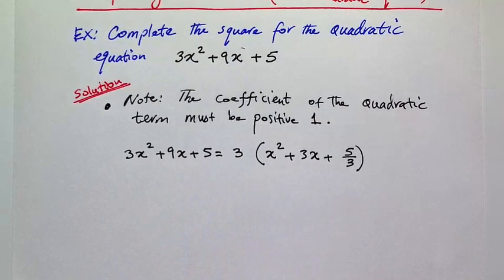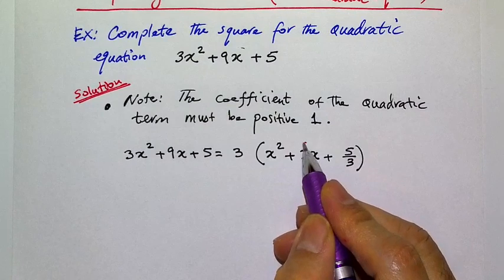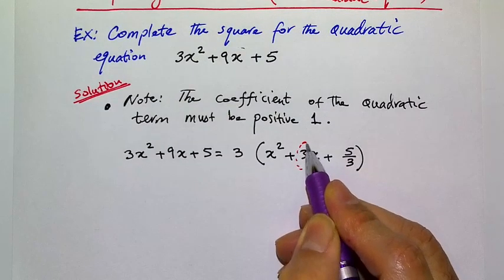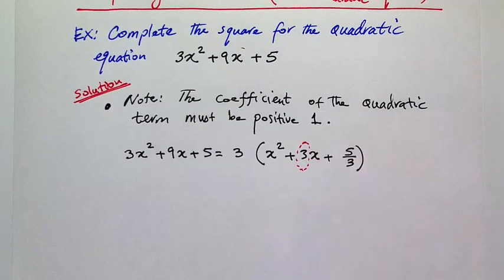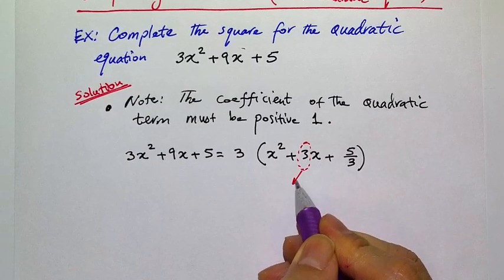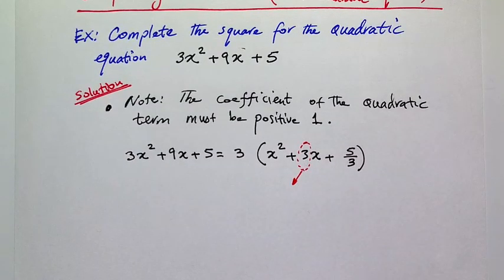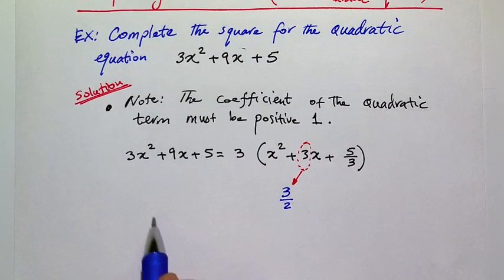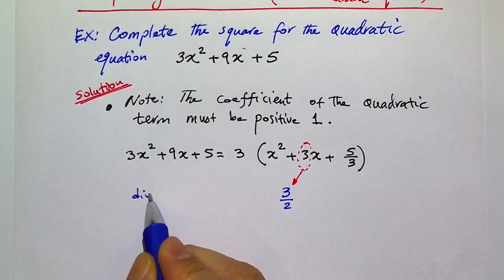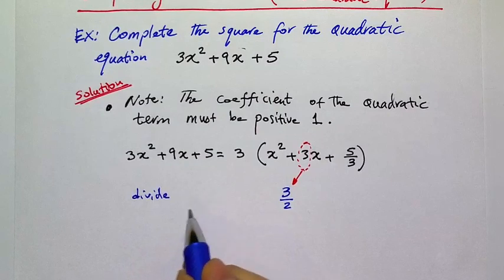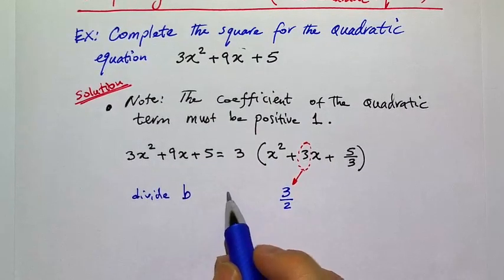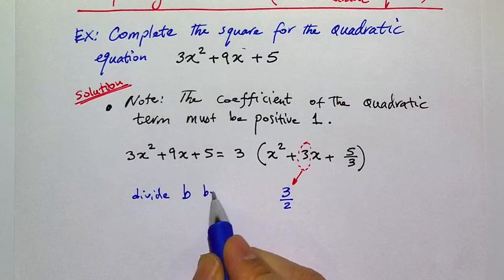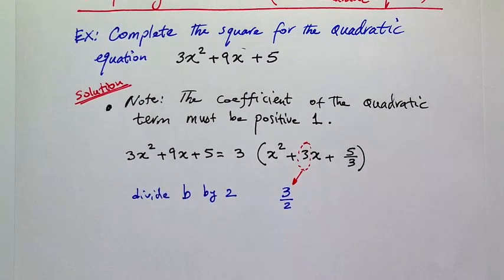The way that technique works is first we take the b term, right? b is the coefficient of the x term. Whatever that value is, we divide it by 2, always divided by 2. So 3 divided by 2. Divide b by 2.